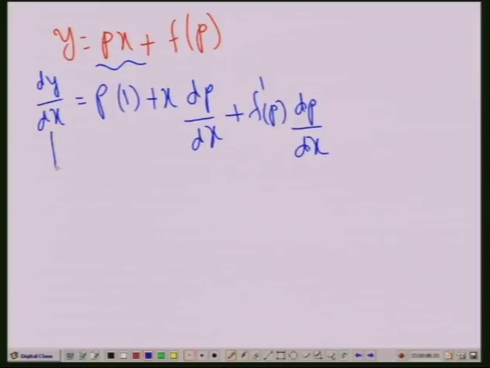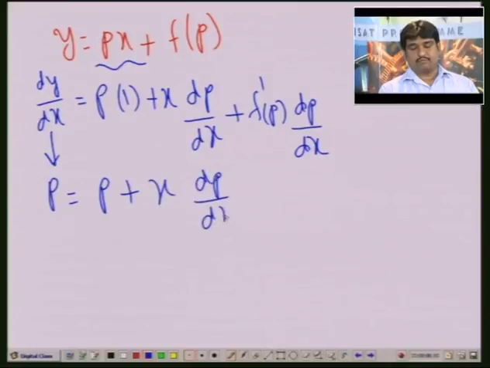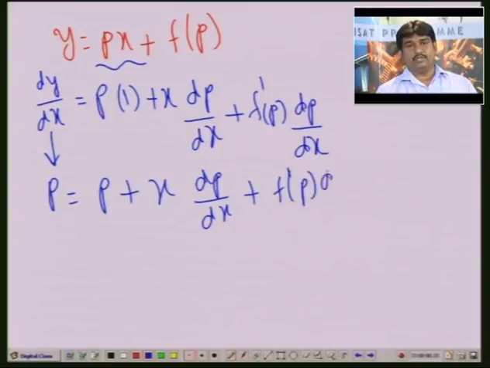You know that dy by dx is p, so p equals p plus x into dp by dx plus f dash of p into dp by dx.